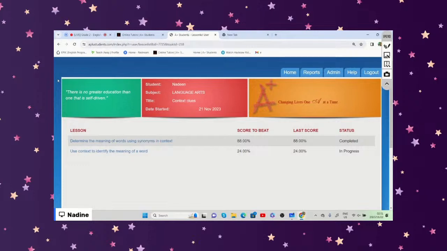And also, if you have a big word in the passage, you can find a similar word within that passage that will give you an idea of what the meaning might be. So it's like finding the synonym of it, because synonyms have the same or similar meaning.